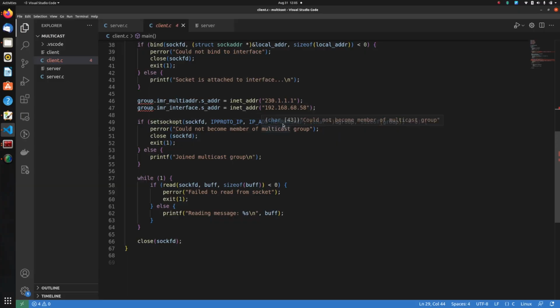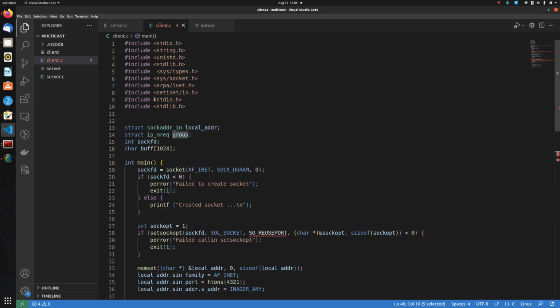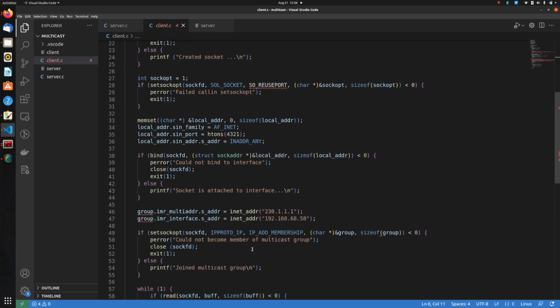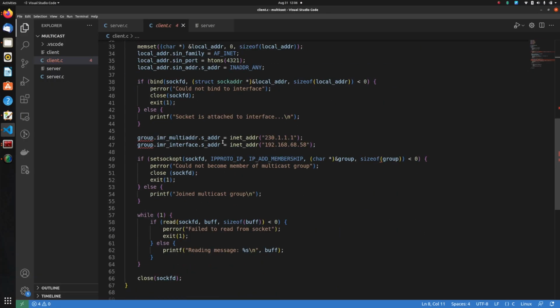The first thing I'm going to do is let the kernel and the router know that this receiver is interested in becoming a member of the group 230.1.1.1. How do I do that? Using IP_ADD_MEMBERSHIP. It wants a parameter of the type ip_mreq, which I just mentioned. ip_mreq needs two members.